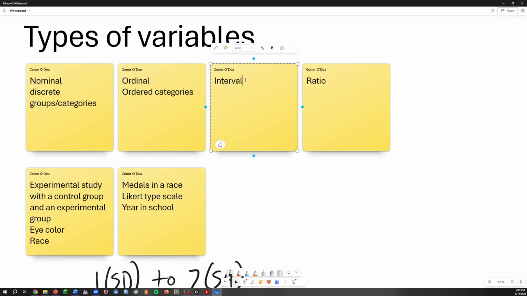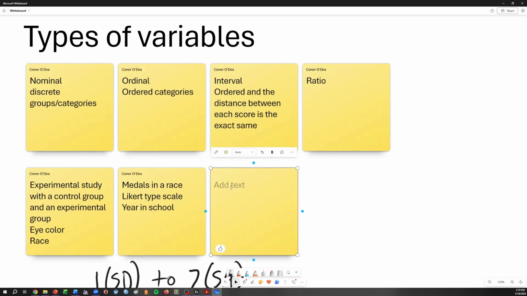Now interval is now ordered, and the distance between each score is the exact same.